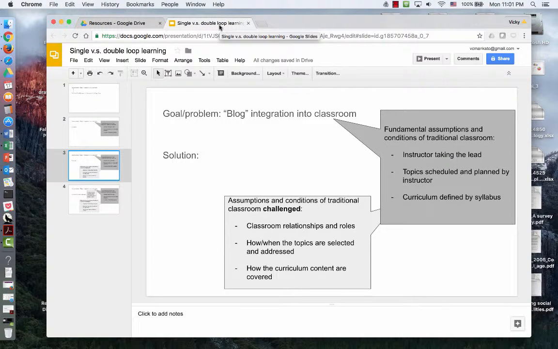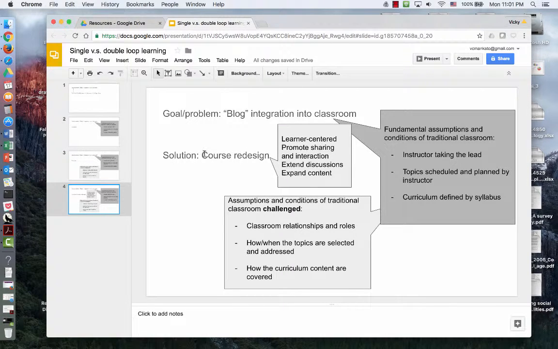So after the careful analysis of the assumptions and the conditions of the traditional classroom, and after the careful evaluation of the potential impact of the new technology, the instructors decided that what they needed was a course redesign instead of a simple introduction of a new technology.